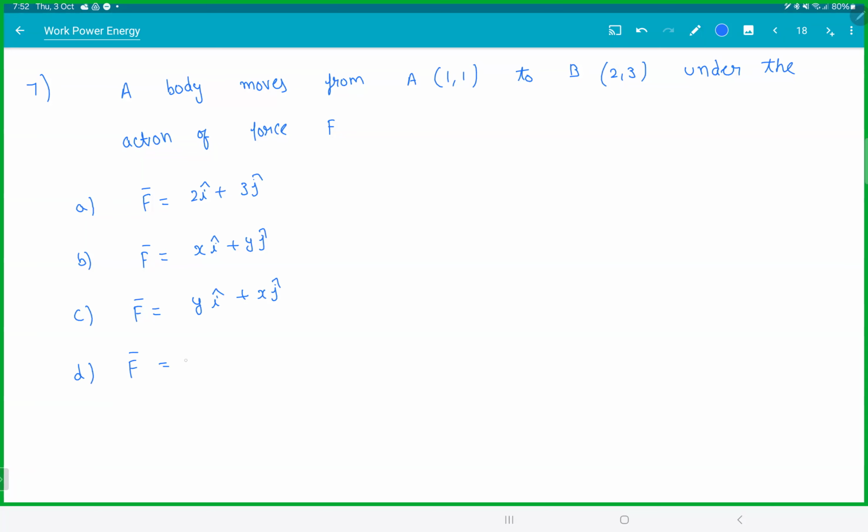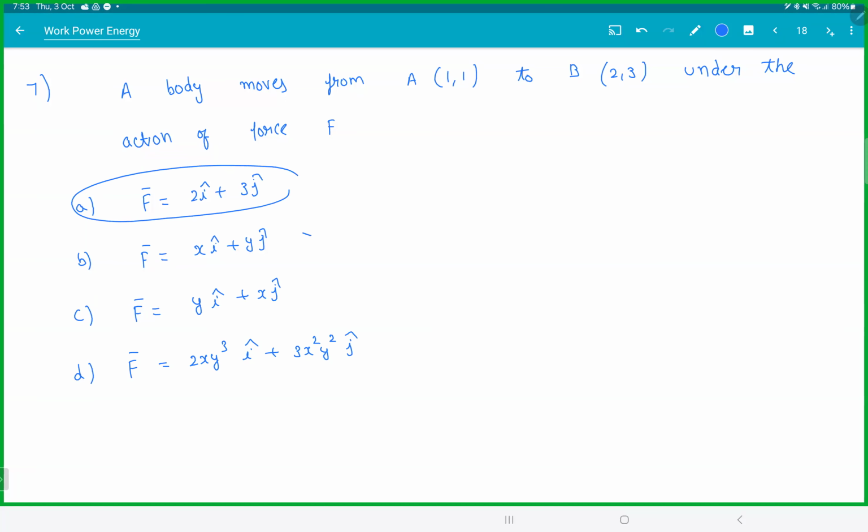Keep your mics on mute. Then the force is 2xy cube i cap plus 3x square y square j cap. So there are four different questions. When you go from A to B under the action of this force, find the work done.